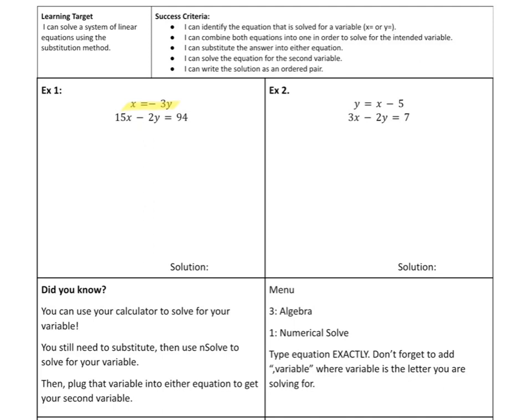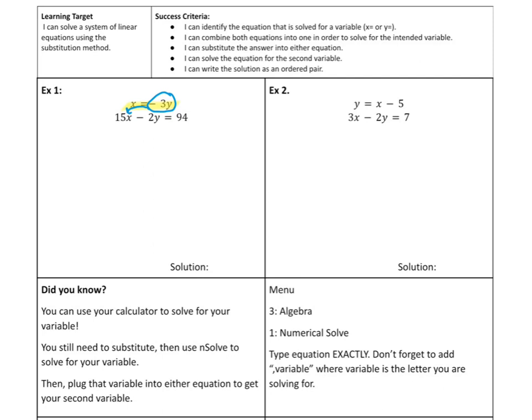So that means the x is the same as negative 3y. In my second equation, 15x minus 2y equals 94, since x is the same thing as negative 3y, I can substitute that negative 3y in for x in the bottom equation and then solve for my y variable.